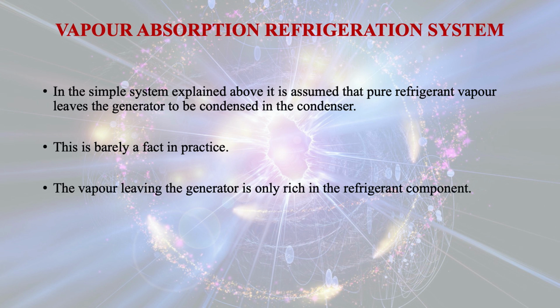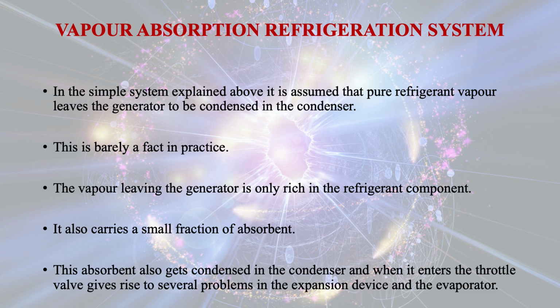The vapor leaving the generator is only rich in the refrigerant component. It also carries a small fraction of absorbent. This absorbent also gets condensed in the condenser, and when it enters the throttle valve, gives rise to several problems in the expansion device and the evaporator.